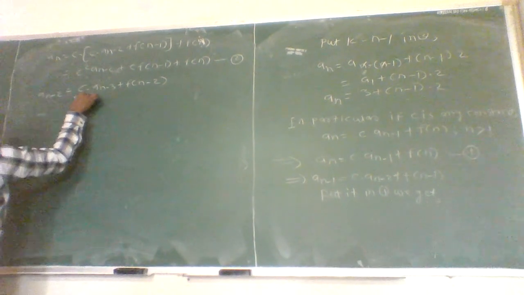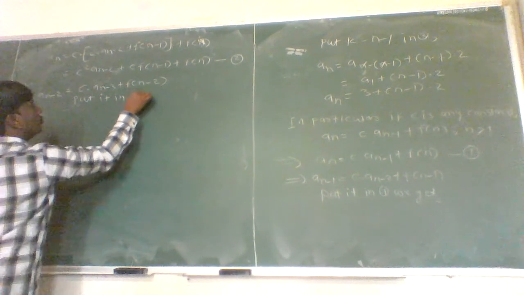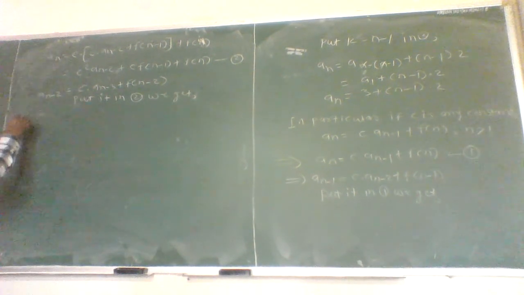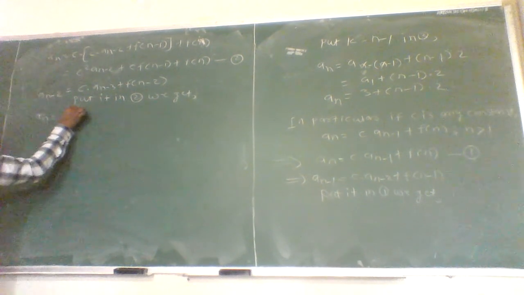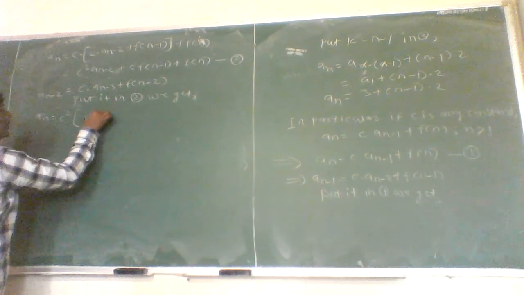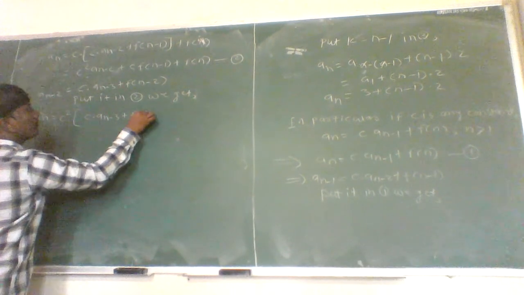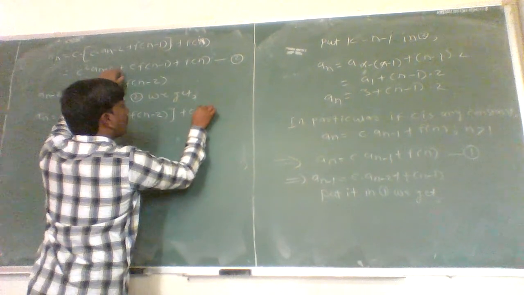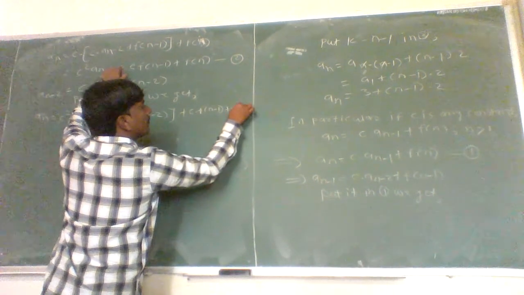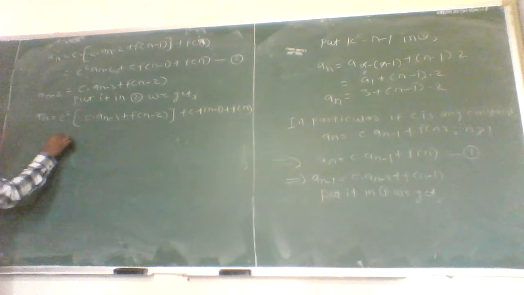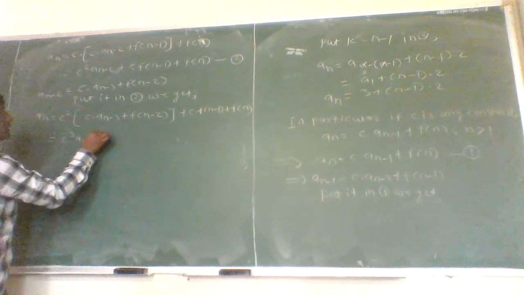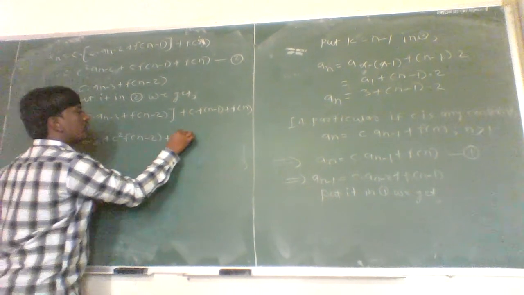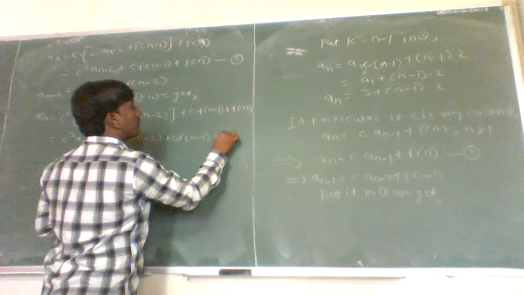Put it in equation 2. We get a_n = c squared times (c a_{n-3} + f(n-2)) + c f(n-1) + f(n), which is c cubed a_{n-3} + c squared f(n-2) + c f(n-1) + f(n).